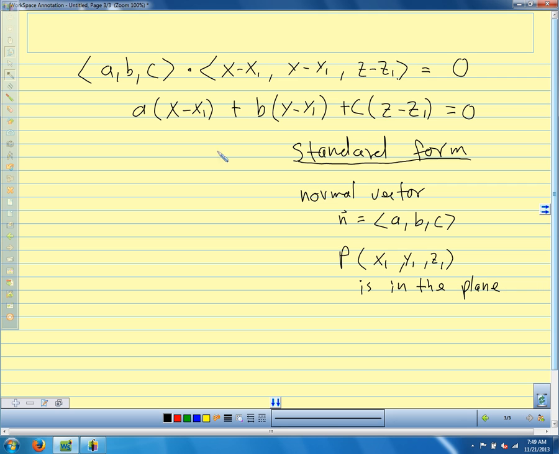If I distribute here and regroup terms, I can write ax plus by plus cz plus d equals 0. I distribute the a, the b, the c, and the d term contains all the portions involving x1, y1, z1.